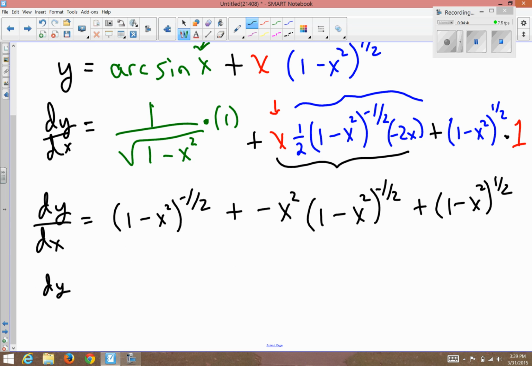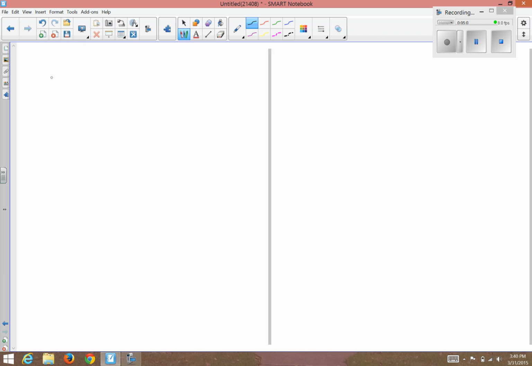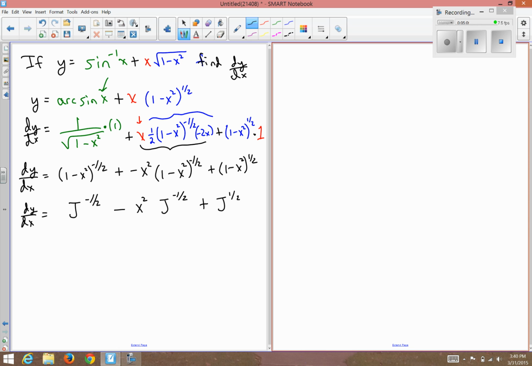It'll be easy to simplify this if I write this. So everywhere I saw the binomial 1 minus x squared, I'm temporarily calling that j.